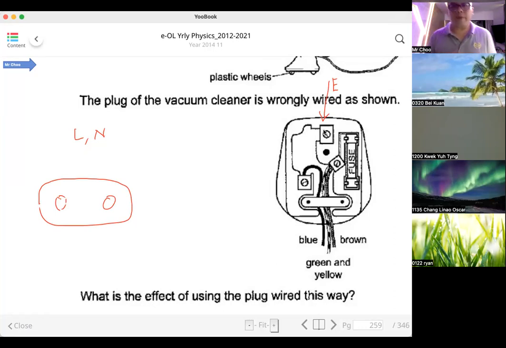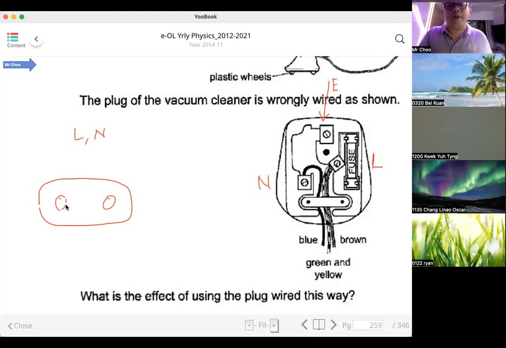Then remember I told you all safety devices are always connected to the live pin. You see, a fuse is a safety device. So this pin actually connects to the fuse, so this pin is your live wire. Clear? Then your last remaining pin will be your neutral. Can you remember that?